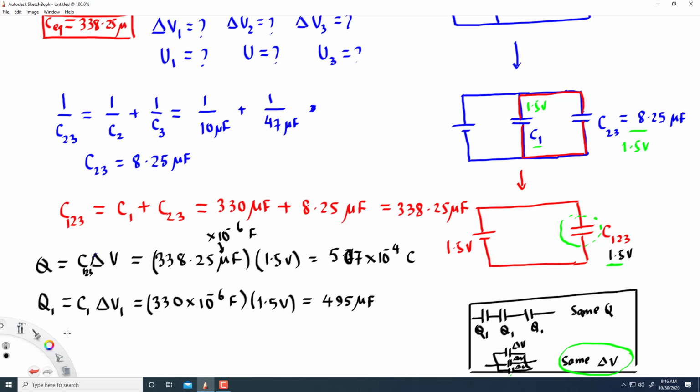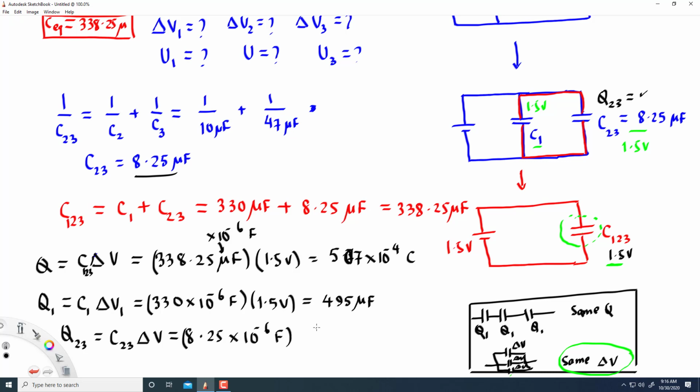Likewise, we can find the charge on C23, charge Q23. Charge is capacitance times delta V. Capacitance C23 is 8.25 microfarad, times 10 to negative 6 farad.